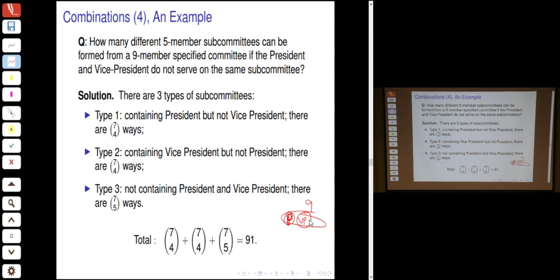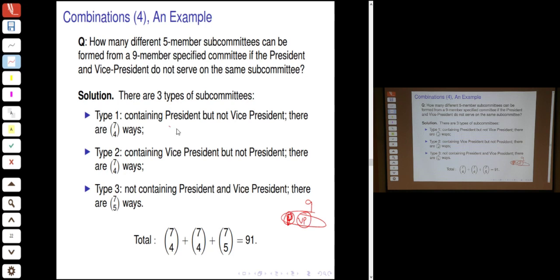So neither the vice president nor the president is present. That is also allowed. The only thing that is disallowed is to have both the president and the vice president. Okay? So these are three different possibilities, and we will count the total number of subcommittees belonging to the three categories separately and then add them up.